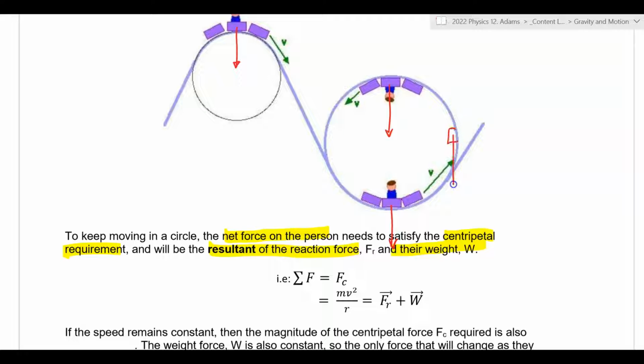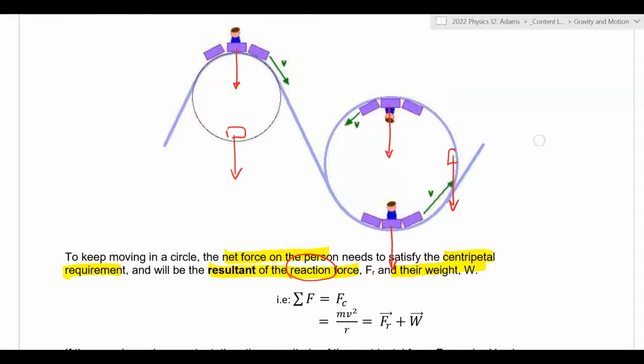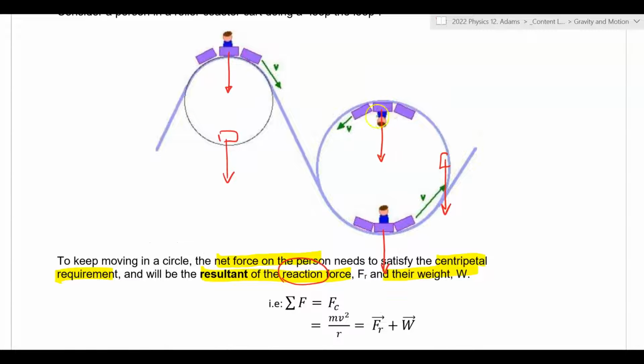So it doesn't matter where they are. If they're over here, it's acting downwards. If they're down the bottom, it's acting downwards. Now, in these circumstances, it's the reaction force that changes. If you consider the person sitting in the seat, it's the reaction force of the seat on their bum or their body.